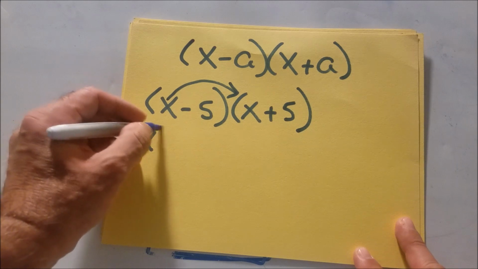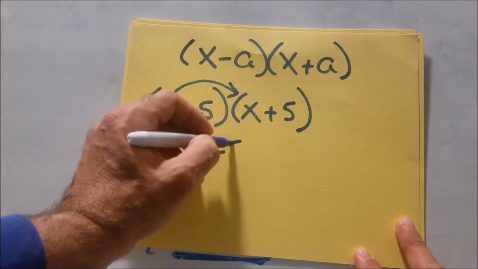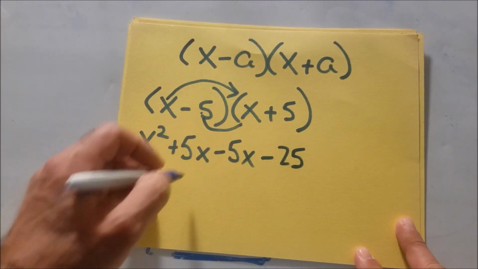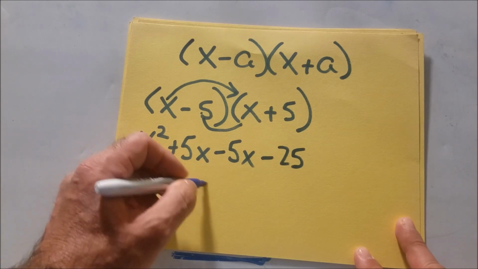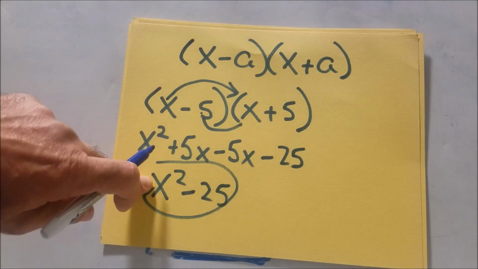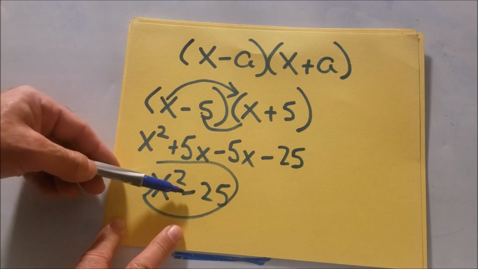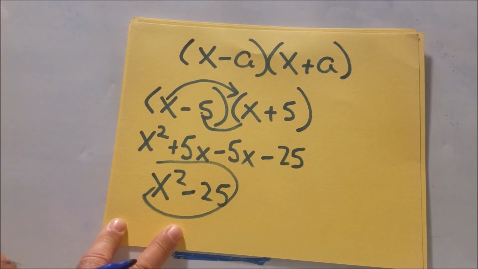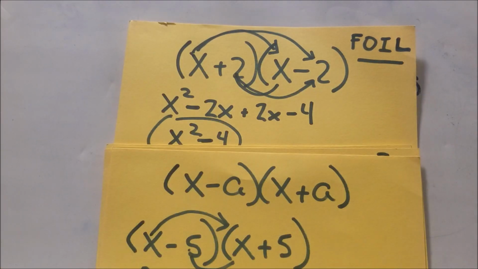We're going to have x squared plus 5x, then a minus 5x, and then a minus 25. And these two will cancel out, and you're left with x squared minus 25. You're left with the difference of two squares, which I said previously. So whenever you see the difference between two squares, you're always going to get a minus and a plus out of it.